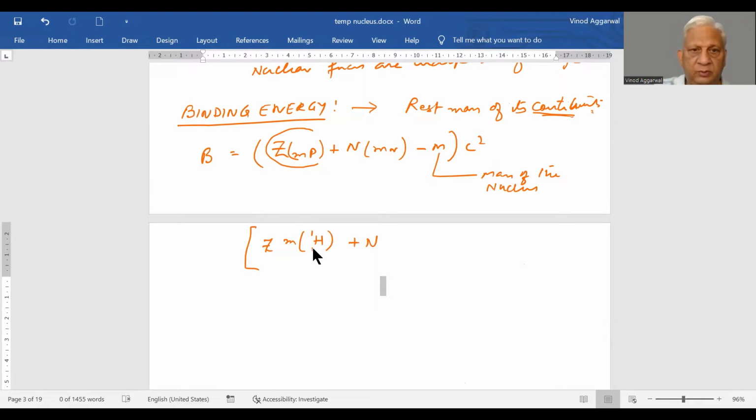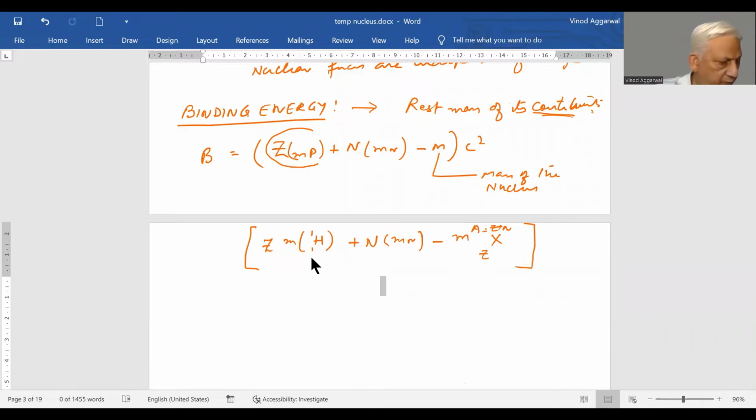Means it has one proton and one proton plus neutron. And mass we can represent in a generic form as Z, A, where A is equal to Z plus N.